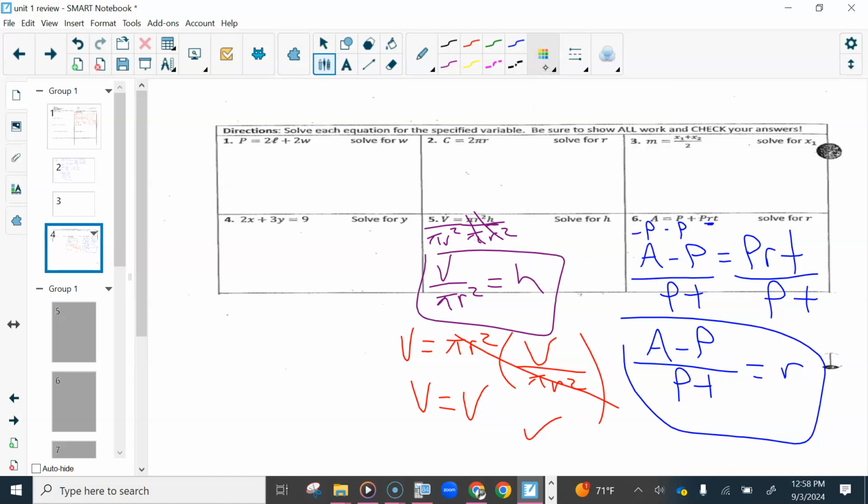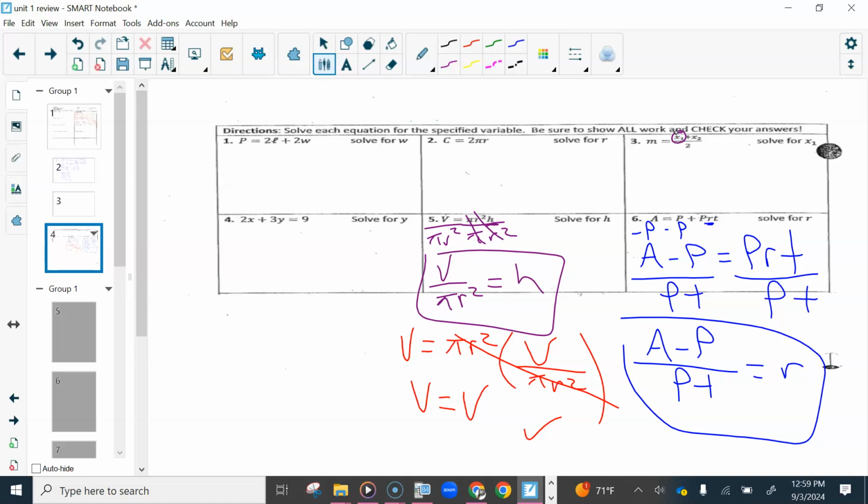Alright, in number 3, we are trying to get x1 by itself. So we got to get rid of the x2 and the 2. What would we do first? Because everything is being divided by 2, I can't do that yet. We will do that, but not yet. How would we get rid of the 2?